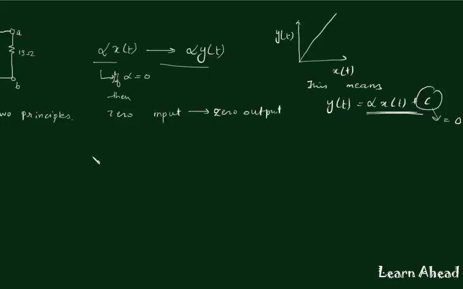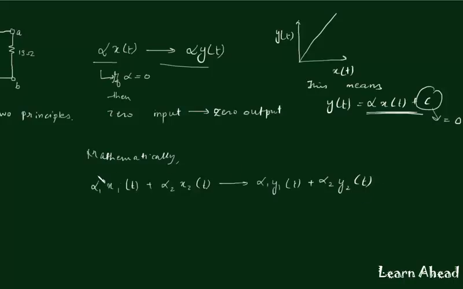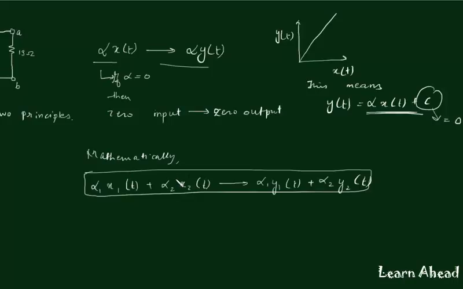Combining both conditions mathematically, we can write that alpha1 x1(t) plus alpha2 x2(t) must produce alpha1 y1(t) plus alpha2 y2(t). If any network follows this condition, then it will surely be a linear network.